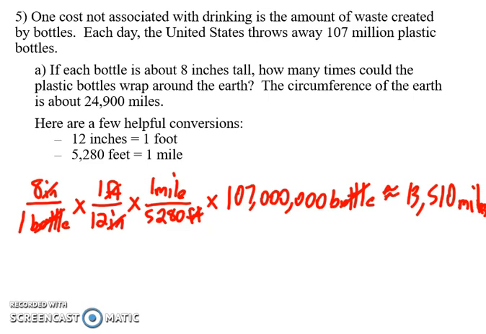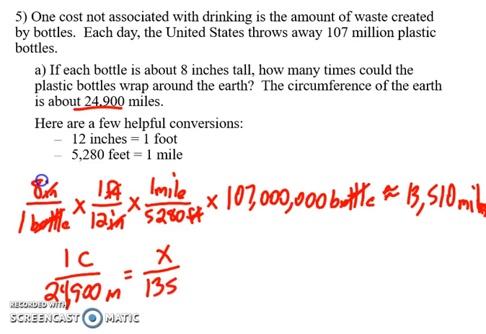Well, we said the circumference here is 24,900, so we know that one circumference is 24,900 miles, and we don't know how many circumferences are made by the 13,510. So if I cross multiply this, I would get that 13,510 would equal 24,900 times x.